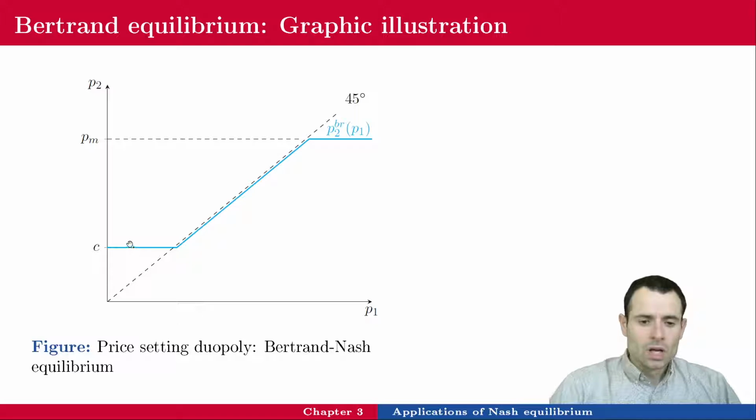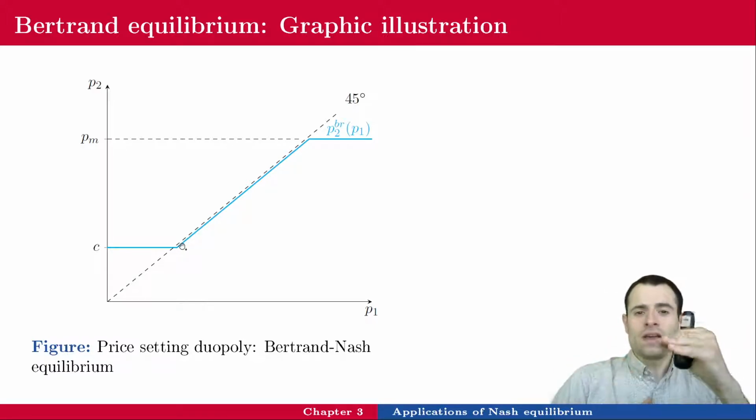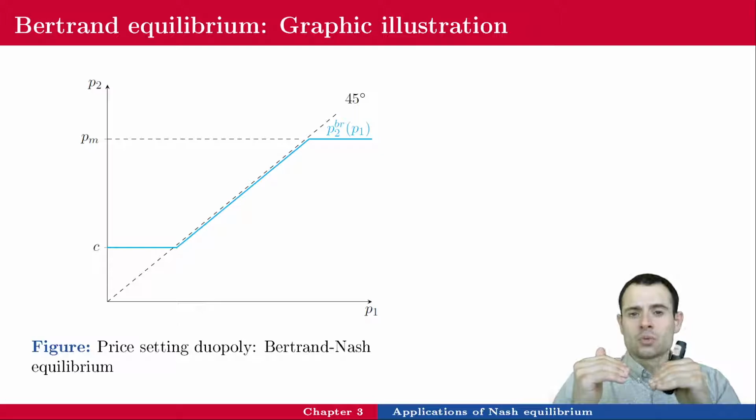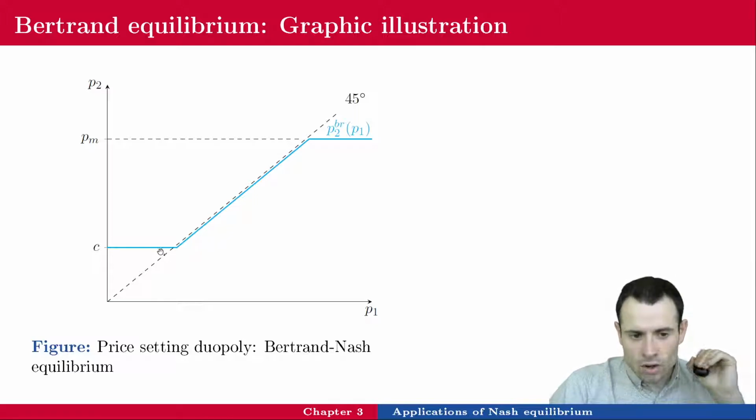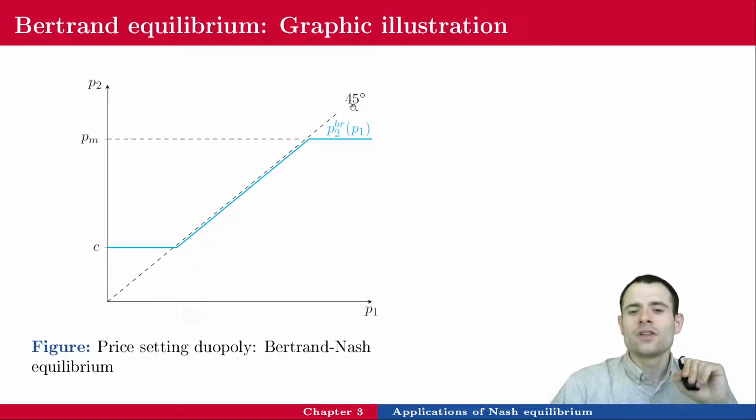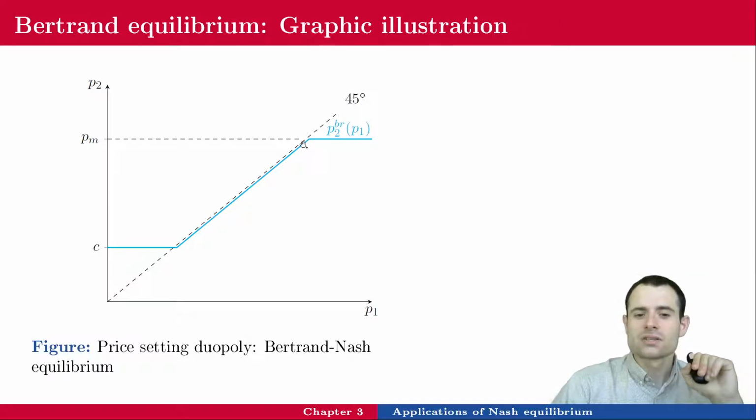Now, as soon as the price of firm 1 gets bigger than the marginal cost, then we are entering the phase where firm 2 wants to propose a price slightly lower. And here, I represent the slightly lower with my function being slightly lower than the 45-degree line. This is on purpose.